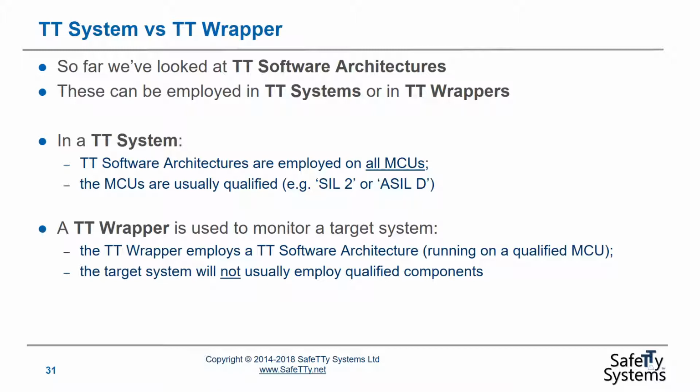This is another powerful combination. So you can, for example, use a TT software architecture in a TT wrapper and integrate that with a system that uses a conventional RTOS or potentially uses Windows or Linux. I'll give some examples of both TT systems and TT wrappers in the course of the next few slides.